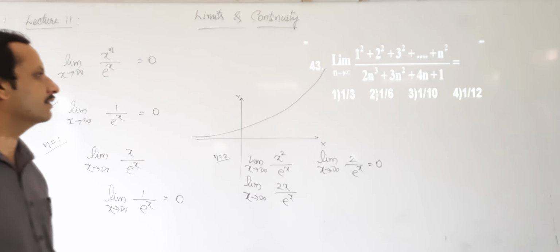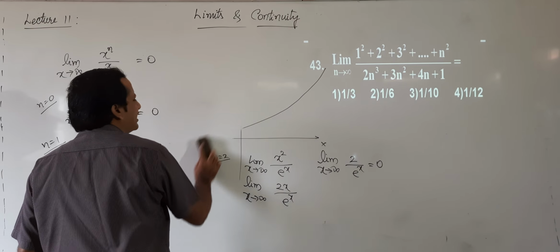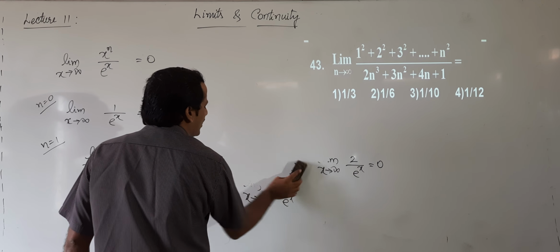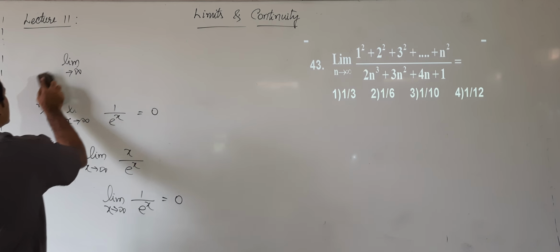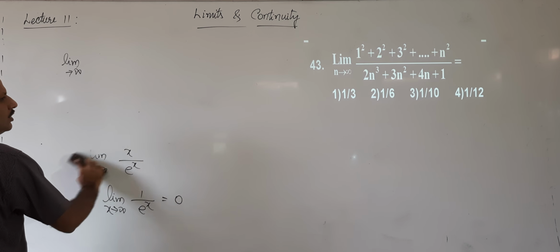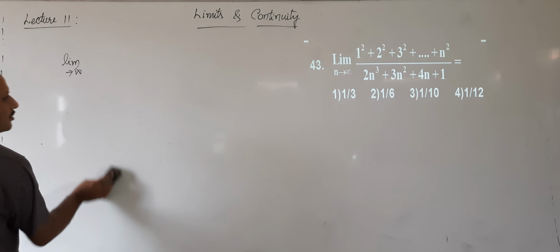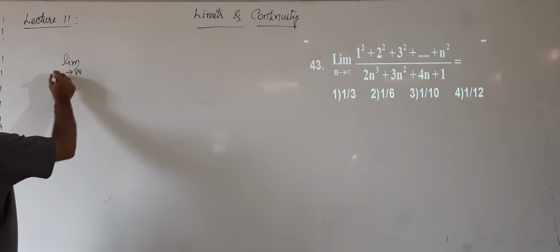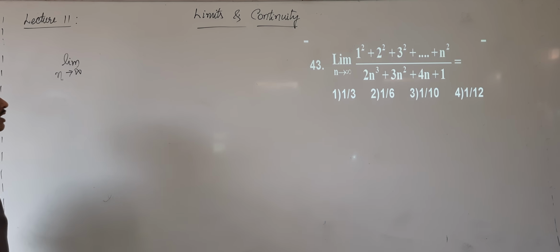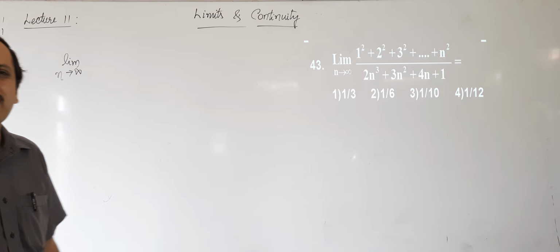Then 43rd question. Limit n tends to infinity, 1 square plus 2 square plus 3 square, etc. till n square divided by 2n cube plus 3n square plus 4n plus 1. So limit n tends to infinity, 1 square, 2 square, 3 square up to n square.